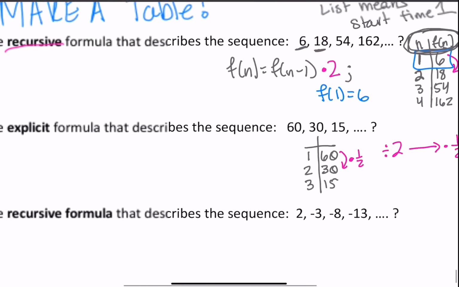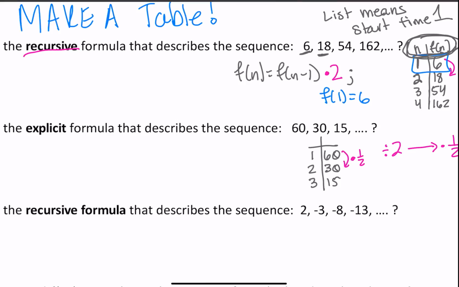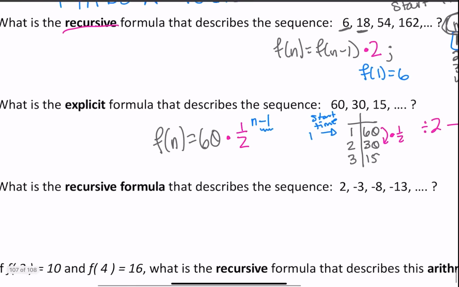So when we write the explicit, because that's what they're asking for, we have f of n equals, we started with 60 times 1/2 to the exponent, because we're multiplying, so we use exponents, n minus 1. Why is it n minus 1? Because we start with time 1.